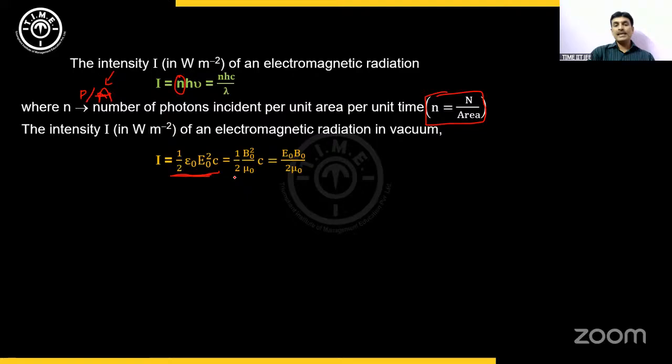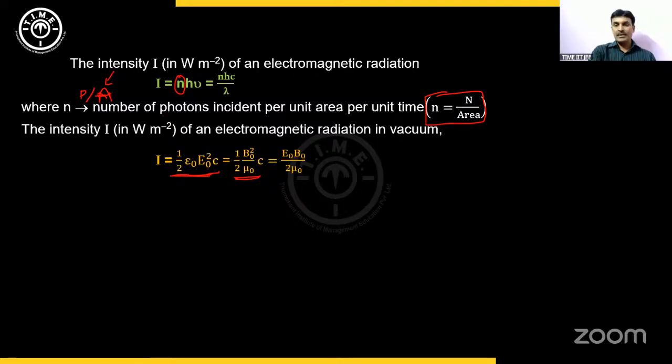The same can be expressed completely in terms of the magnetic vector as half B naught squared c by mu naught, where mu naught is the permeability of free space, epsilon naught is the permittivity of free space. The intensity can also be expressed as E naught B naught, the peak values of electric and magnetic field vectors, divided by 2 mu naught. Okay, that is the intensity of the electromagnetic radiation.